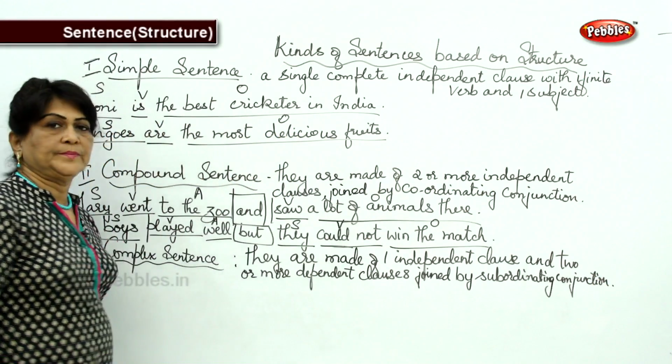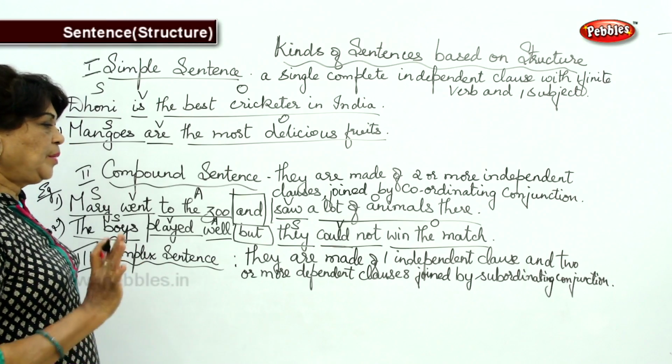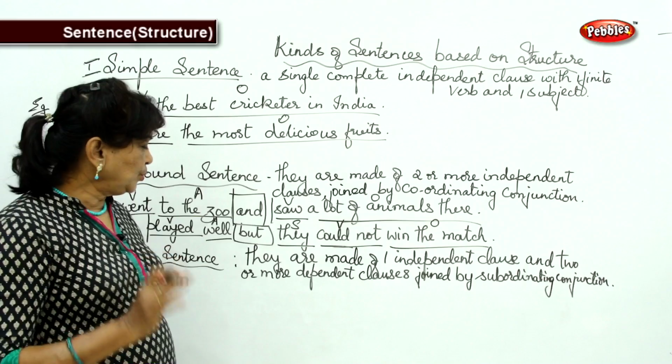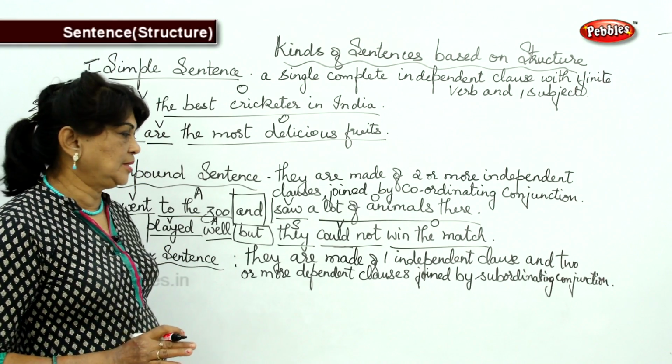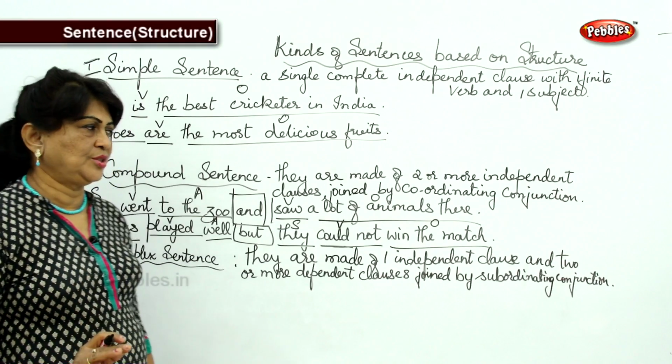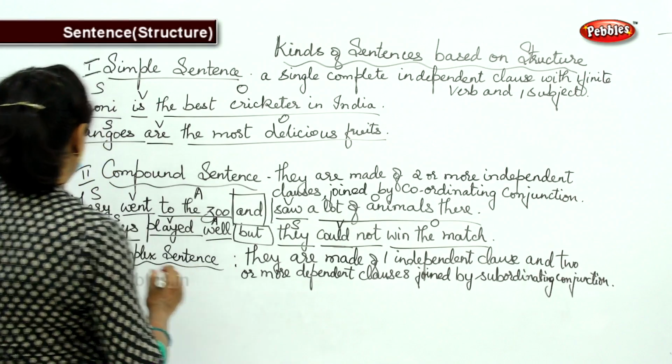Okay, is that clear? They are made of one independent clause and two or more dependent clauses joined by a subordinating conjunction. Example I will give you.